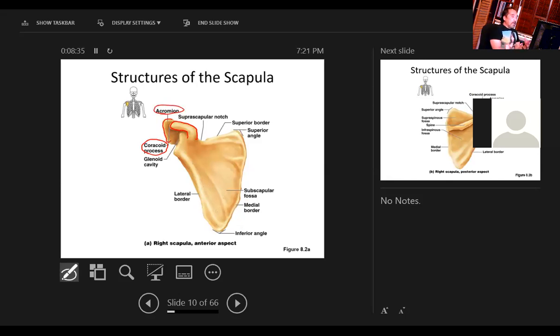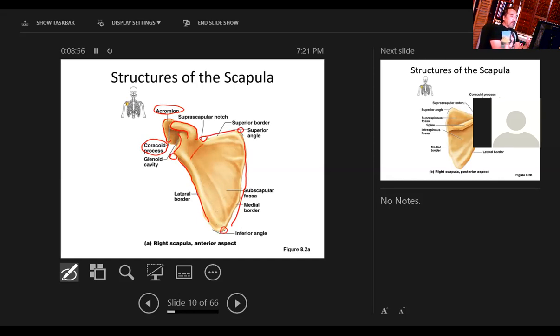The acromion process. So this is the glenoid cavity. This is the suprascapular notch, superior border, lateral border, medial border, superior angle, inferior angle, and this should be your lateral angle here, okay?